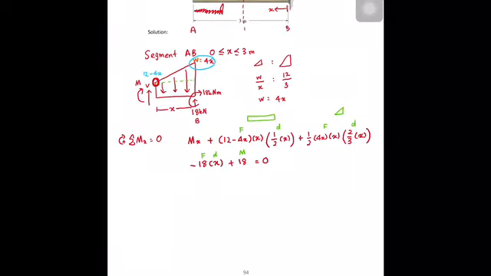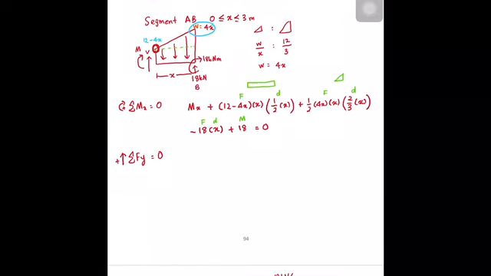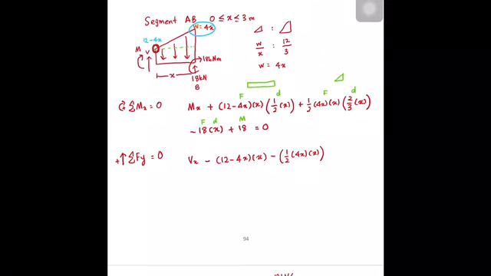This is your moment equation. Now we do Fy, the V equation. Summation Fy is equal to 0, upward is positive, then you have the equation Vx minus, because it is downwards, (12 minus 4x) times x, and then minus 1/2 times 4x times x, and then plus 18 is equal to 0.